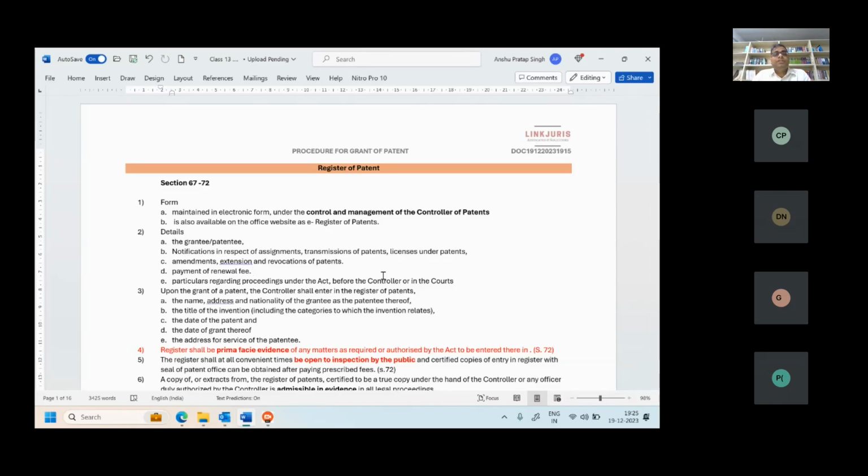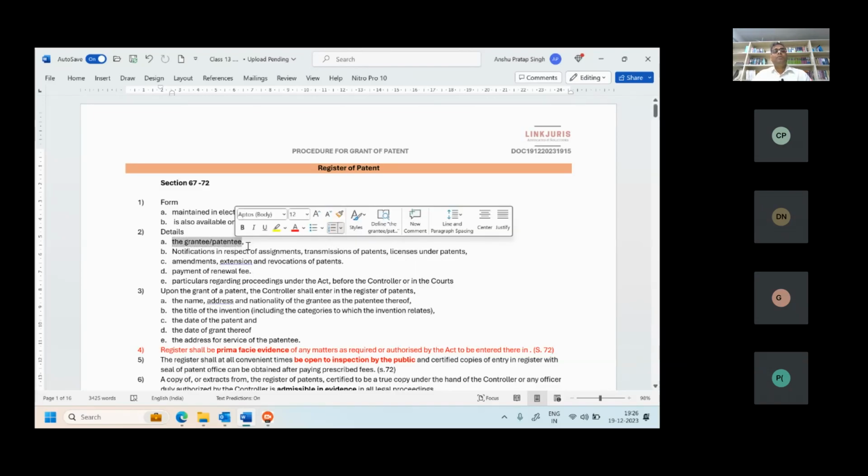Sections 67 to 72 deal with the register of patent. It can be maintained in electronic form, under the management and control of the controller of patents. It is available on the website as the e-register of patent. We will see the e-register of patent within a few minutes. Now, let's first see what details are given.